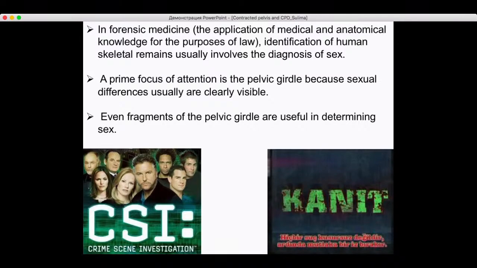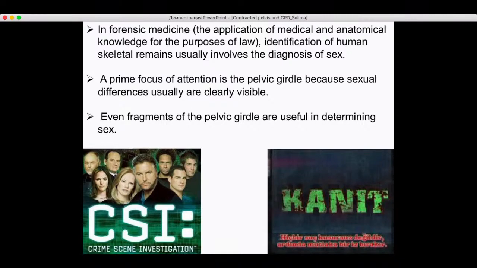That's why your knowledge about the pelvis is not important only for the obgyn. It's also important for forensic medicine and for other specialities, because it's very important not only from the medical but also from the law point of view.